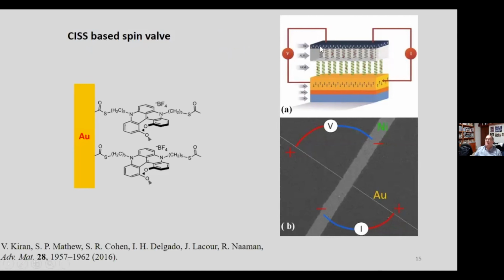And then we have only one ferromagnetic layer that serves to read it. So what we expect here is that if the ferromagnet is pointing so that the electrons coming polarized from the chiral molecules can penetrate, we get low resistance. However, if the ferromagnet is pointing in the opposite direction, we expect to get high resistance. So we expect to get a non-symmetric dependence of the resistance on the magnetic field.